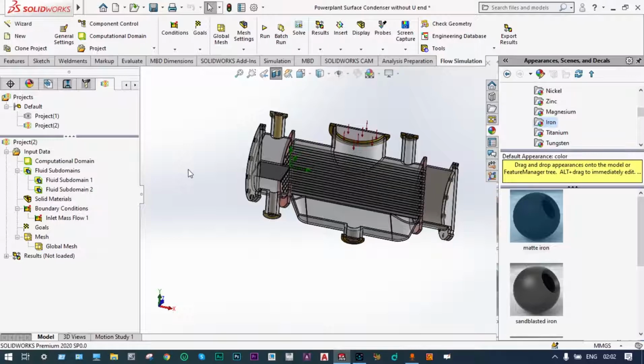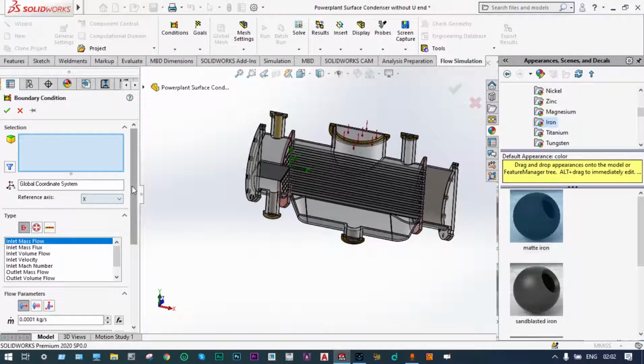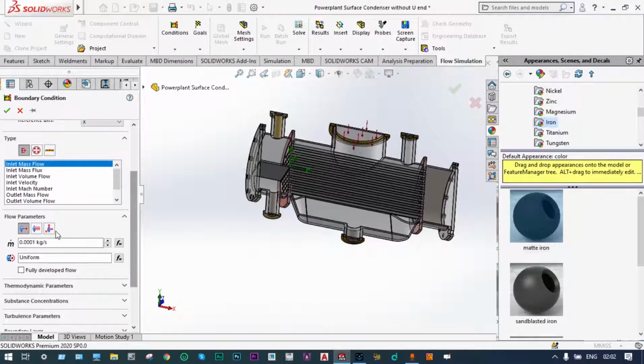Next, we have to apply cold water from this location. Boundary conditions. Insert boundary condition. We have to provide cold water at 0 degrees centigrade, and mass flow rate for it we want 5 kg per second. Thermodynamic parameters.